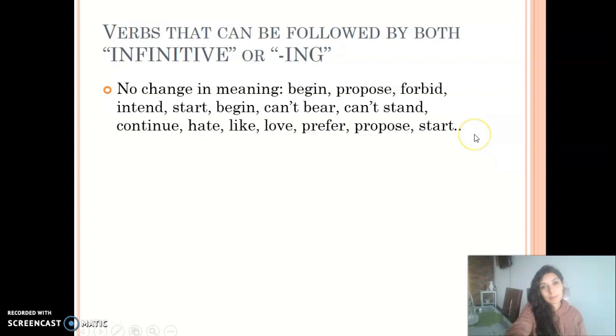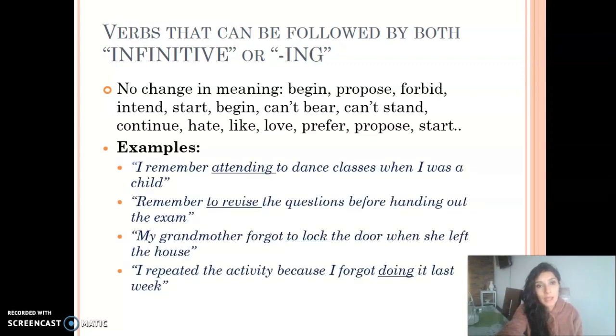In order to illustrate what I'm talking about, I'm going to present you some examples, and we're going to analyze together why we say that they don't change the meaning when we use infinitives or gerunds after these verbs. So these examples are: I remember attending to dance classes.